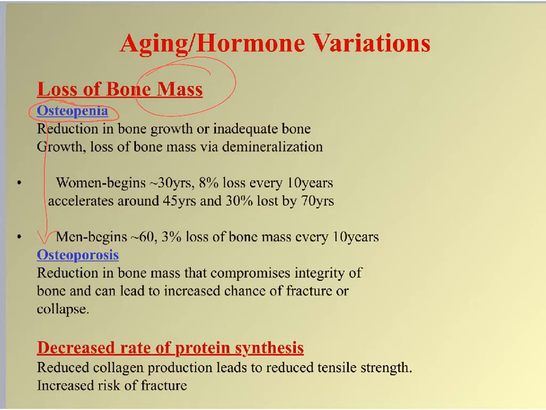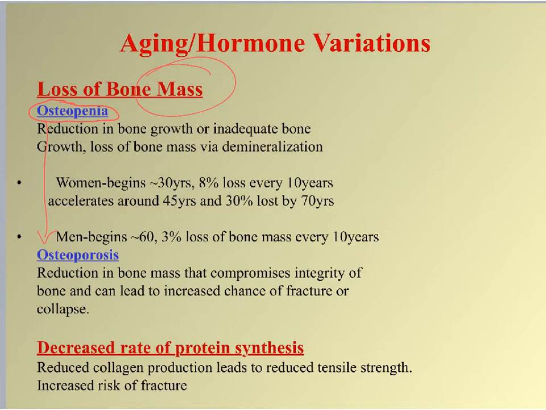Now, let me tell you that not all people with osteopenia will get osteoporosis. It's not the same as osteoporosis. It's not the lead up to osteoporosis, but it's the condition where we start to lose bone mass, whereas osteoporosis is kind of the same thing, but it's much more complex than osteopenia.